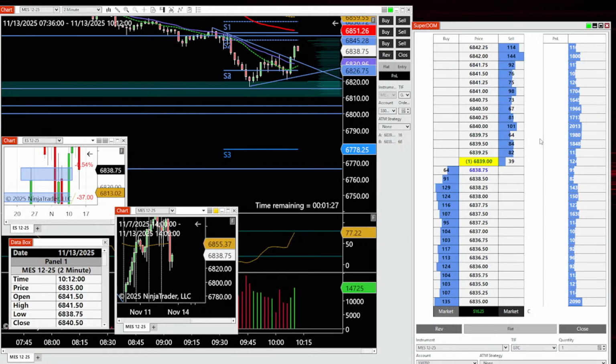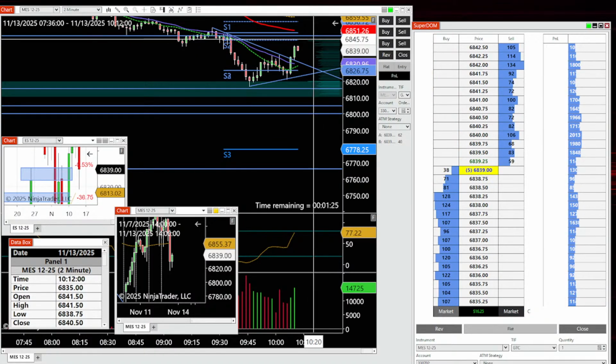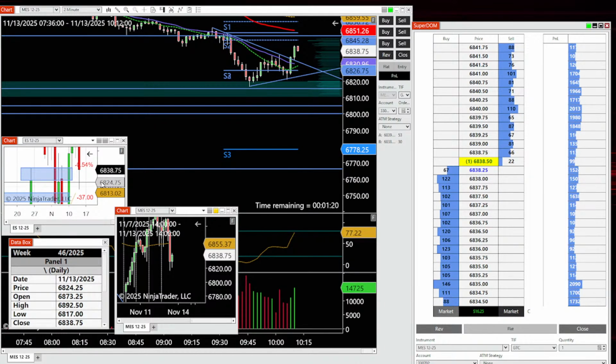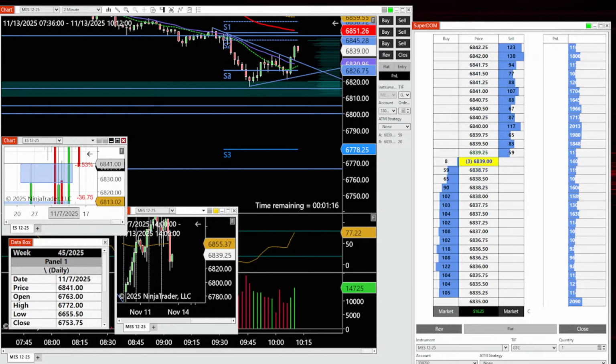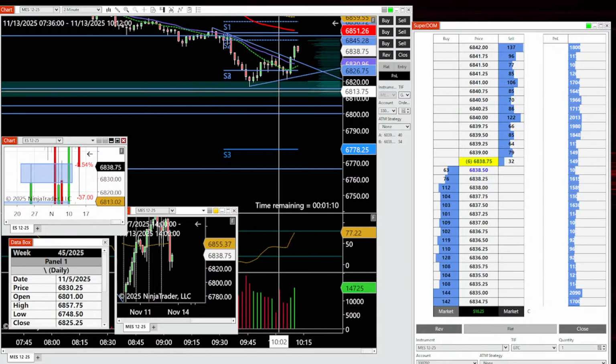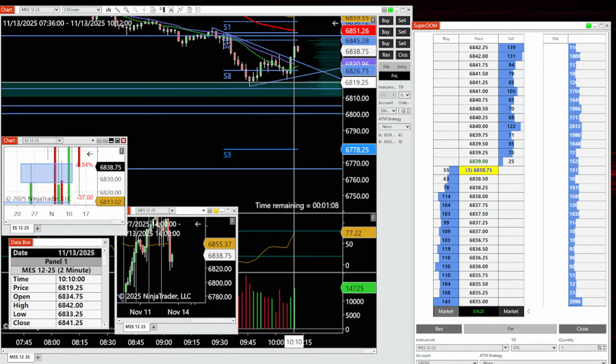Just want to take advantage of this resistance area up here. I'm looking at this 41, 42 area. That's the top of this daily bar, 41.25. So we got a little bit over it at 42.